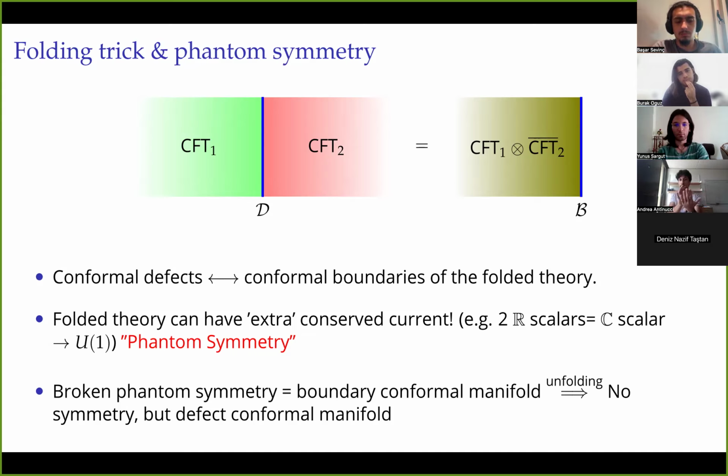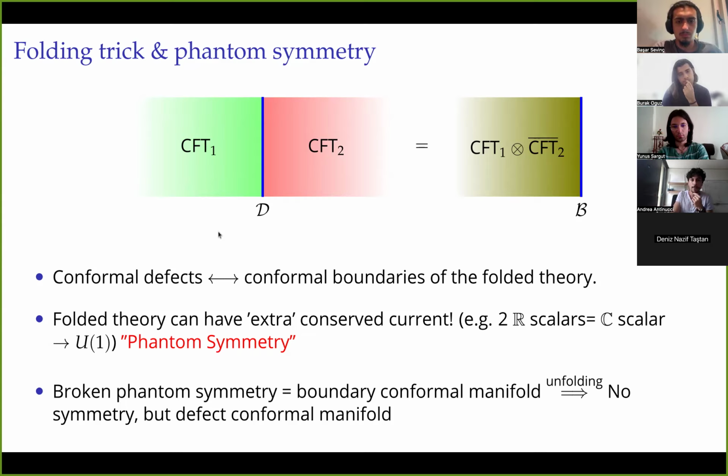These are just two decoupled CFTs. I stack them together and study boundary conditions of this folded theory. Conformal boundary conditions of the folded theory are in one-to-one correspondence with conformal defects or interfaces.